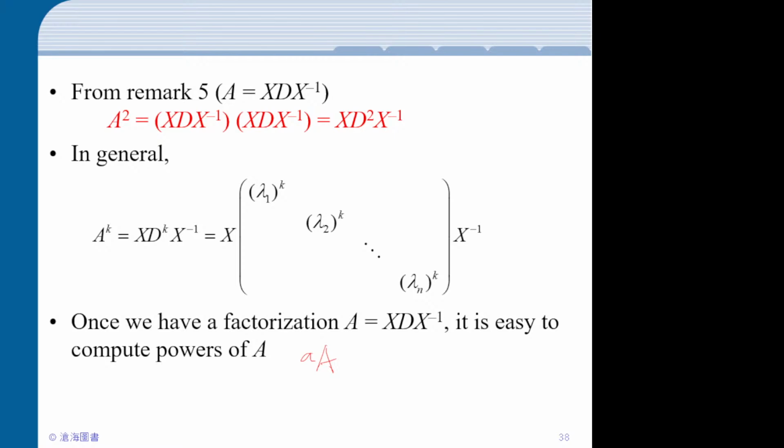Okay, so if you have a linear combination of A to some power and A to another power, then as we have here, XD^kX^{-1} plus bXD^LX^{-1}, and this X and X^{-1} thing is linear, so it's actually X(aD^k + bD^L)X^{-1}.